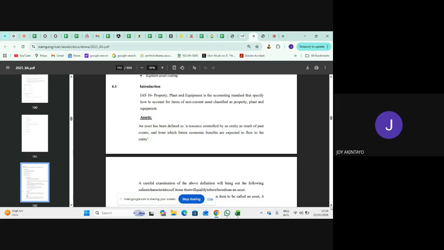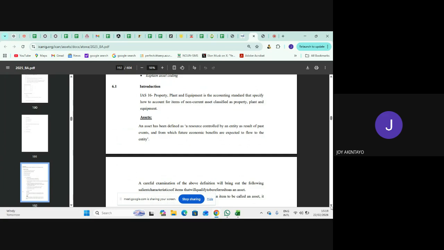Are we together? And we said an asset can be defined as a resource controlled by an entity as a result of past events and from which future economic benefits are expected to flow to the entity.